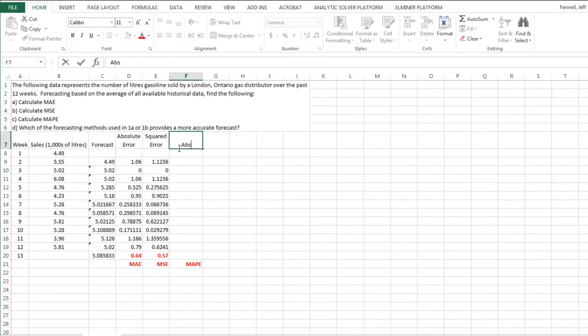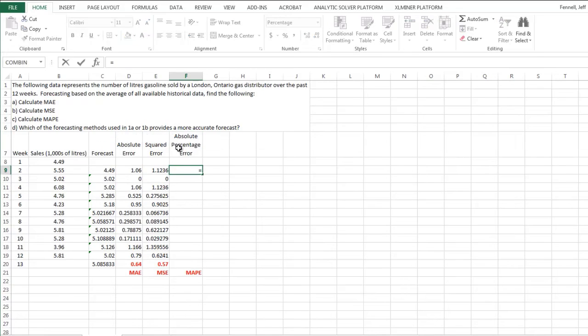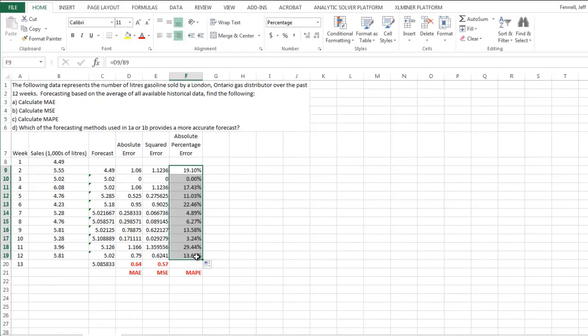Last but not least, the absolute percentage error. Remembering that the numerator will always be the error itself, or the absolute error, divided by actual sales, for periods 2 through 12, and then calculating the average of all those absolute percentage errors, we get MAPE to two decimal places of 12.82%.